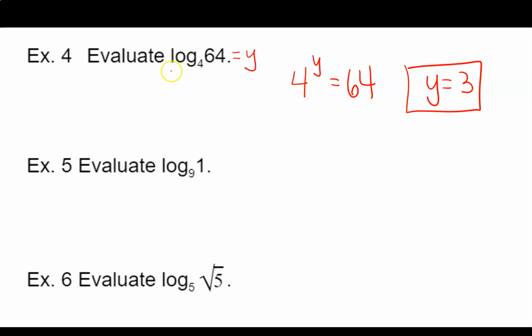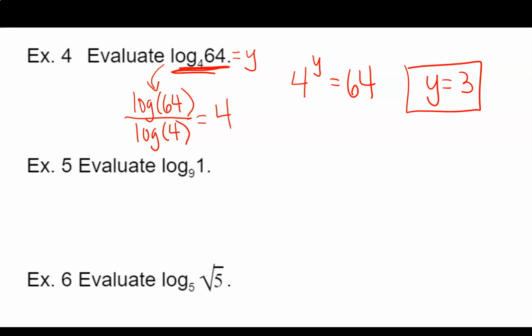So the value of this logarithm is 3. And if you wanted to test it out, you could do this on your calculator: log 64 divided by log 4. I'll talk more about that in a moment, but there's a log button on your calculator that would help you to do this, and it should give you 3.